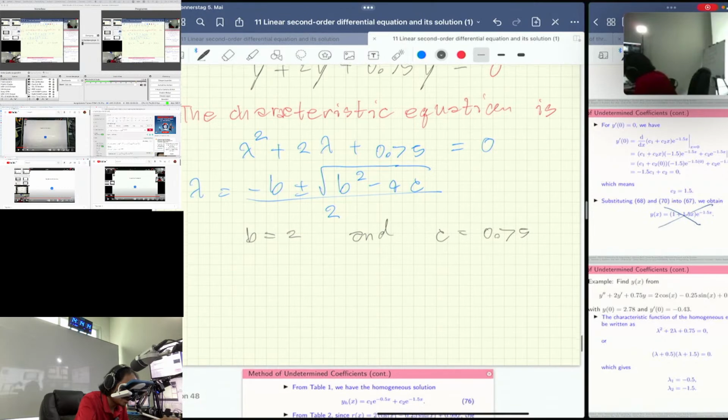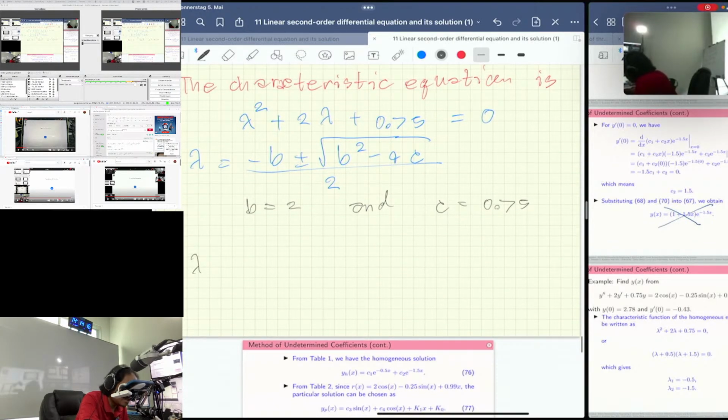So lambda will be negative 2 plus or minus square root of 2 squared minus 4c, where c is 0.75, divided by 2.